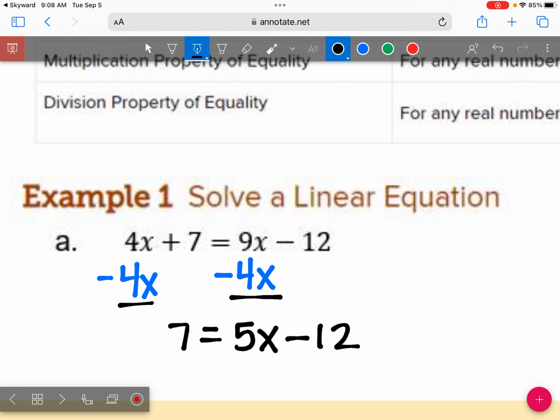And then I'm going to add the 12, because I'm doing the opposite. Because this was a positive 4x, I subtracted it. So if I want to move the 12 to the right or to the left, I'm going to do the opposite. The opposite of minusing 12 or subtracting 12 is adding 12. So I'm adding 12.